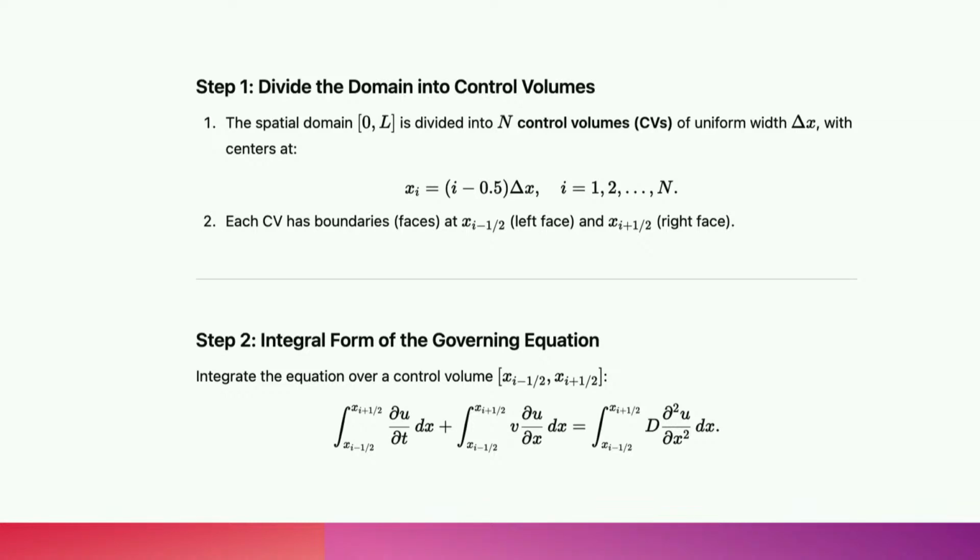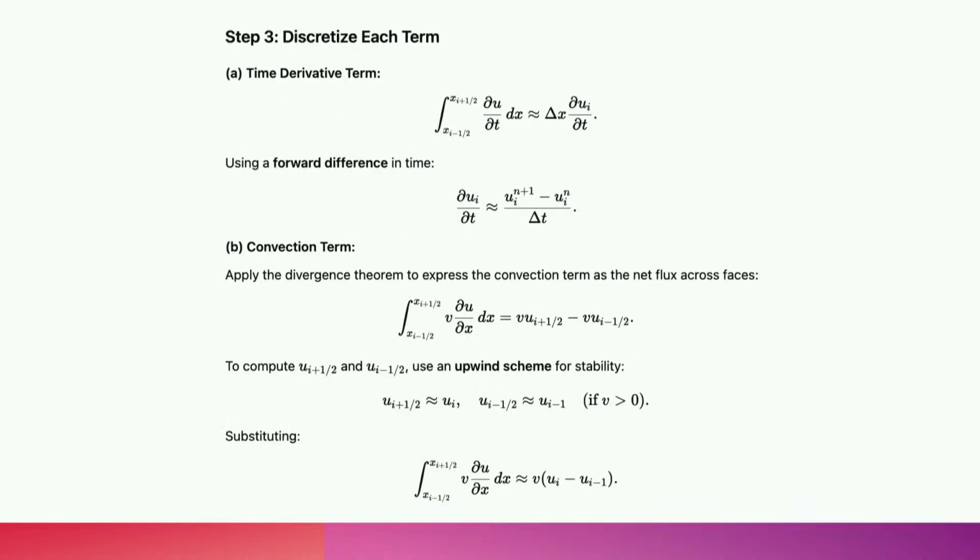We just did the integration from the left face to the right face, i minus half to i plus half: the time dependent term, the convection or advection term, and the diffusion term on the right side. Now, one by one we have to discretize.